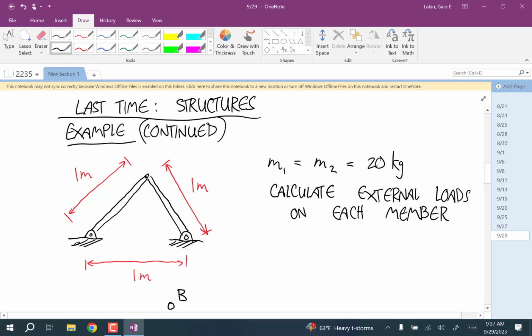Then the pin at B at the top, what does that touch? There are 2 members that touch it, member 1 and member 2. 1 is the lowest numbered member there, so we'll include that also in member 1. Then finally, the one at C, that connects the bracket, the ground, with member 2. 2 is the lowest numbered member. It's the only numbered member. And so we'll lump that pin in with member 2.